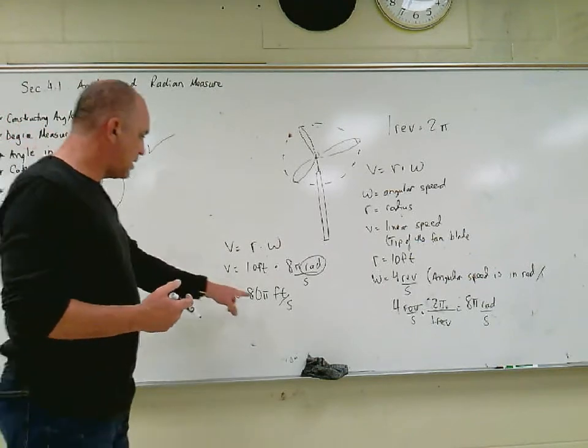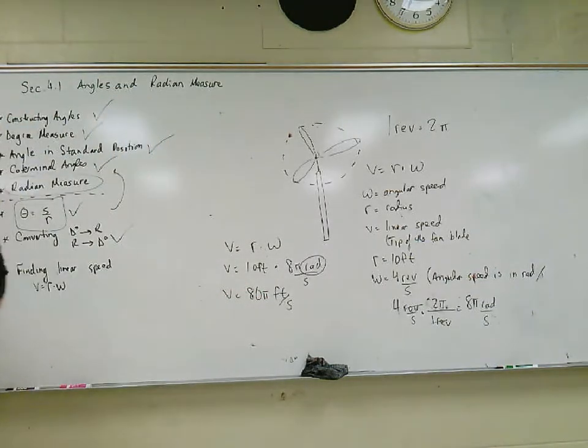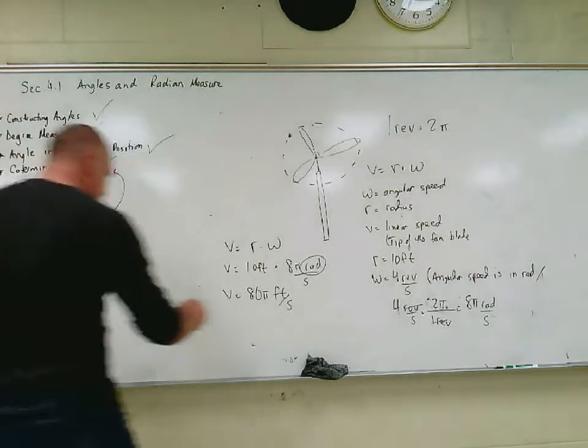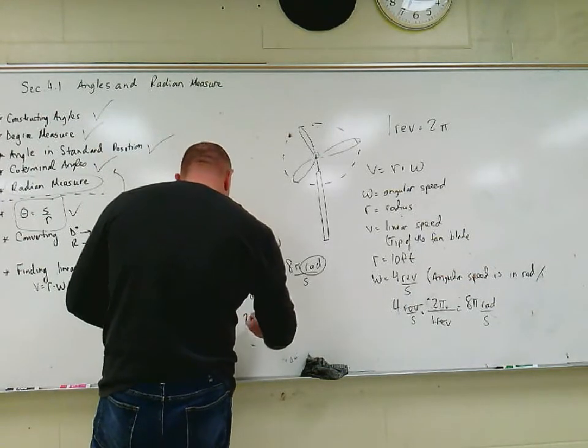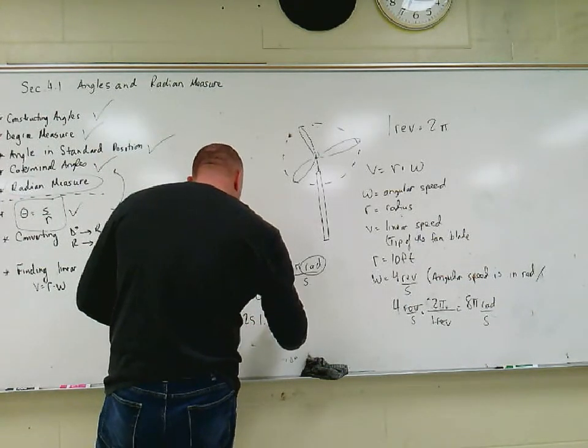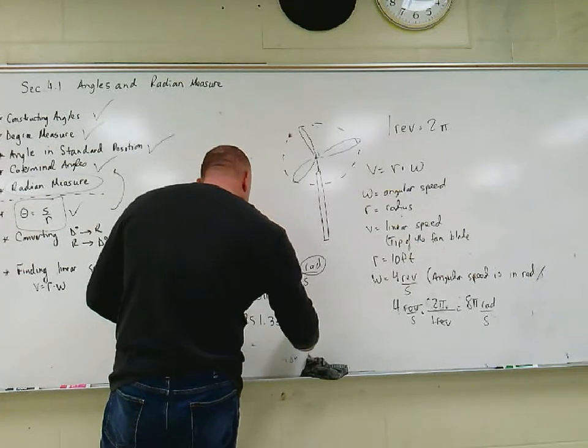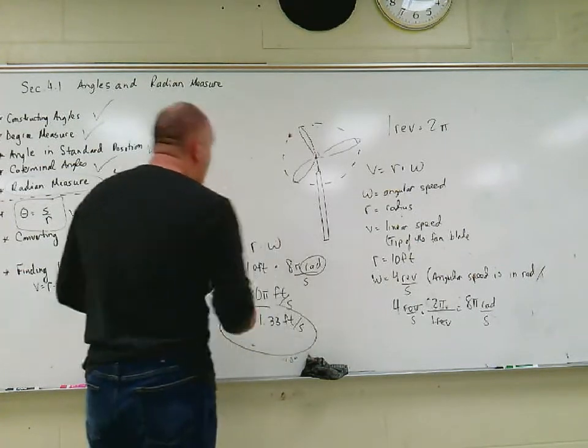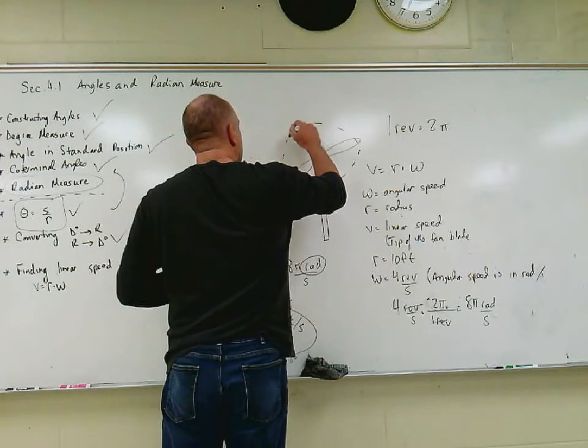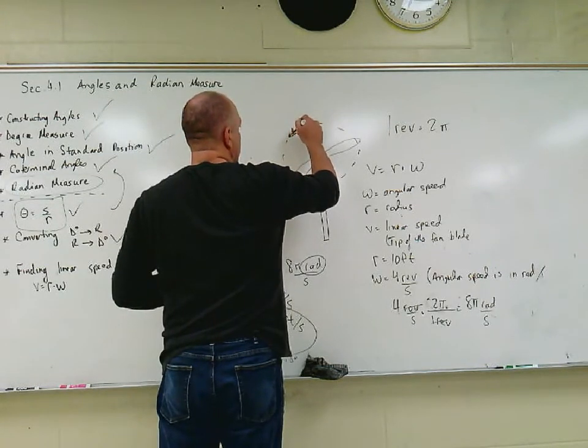Using my calculator, 80 pi, my velocity is 251.33 feet per second. That's telling us how fast the tip of the blade is moving.